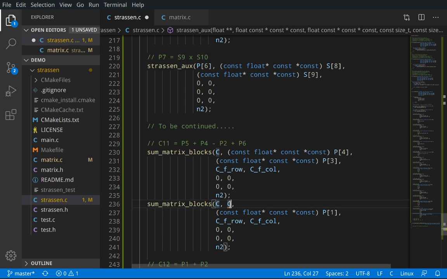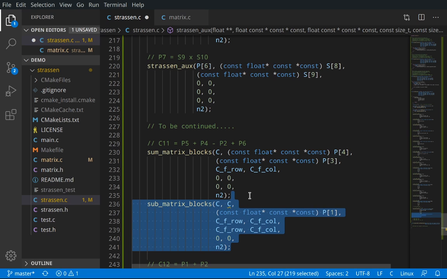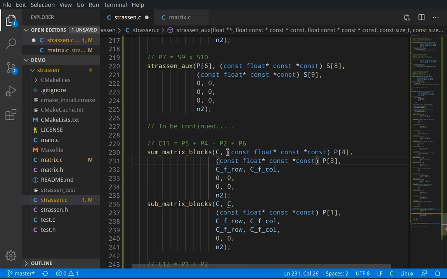So the second parameter should be C right now, and of course we want to change the first row and first column and the second parameter too. So this is the change that we need to make. Oh, by the way, this should be a sub, of course, and this is it. So let me change here.